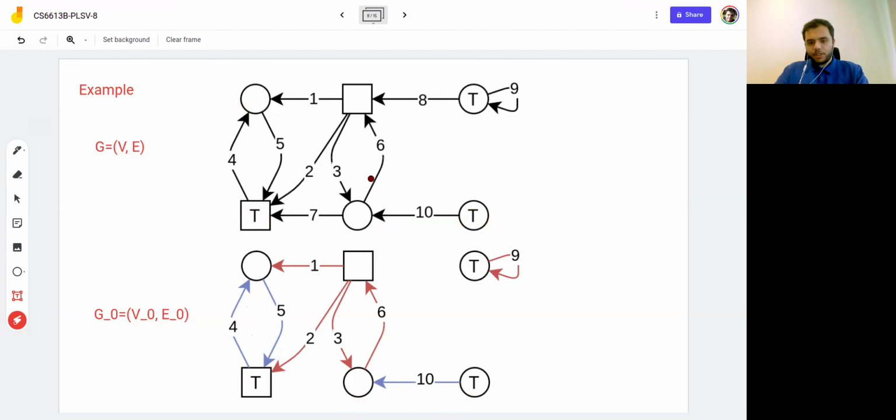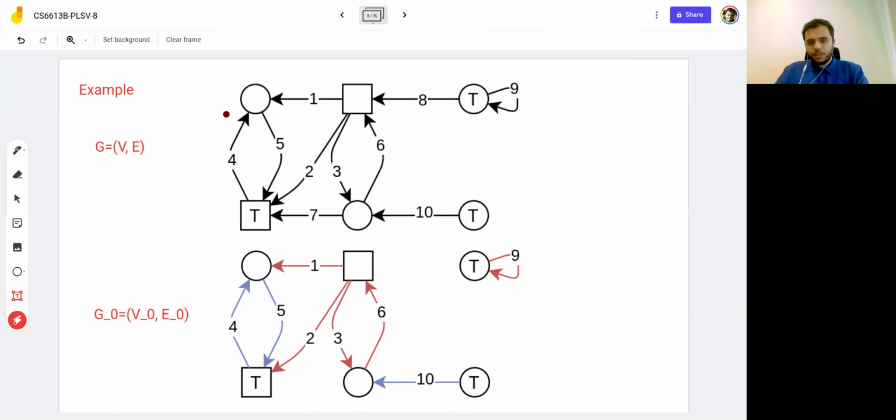Now, for the other vertices, so for this one, for example, it has a larger out degree, but, well, what is the smallest edge in terms of the number that is coming into this vertex? So the edges that are coming into this vertex are 8 and 6, and the smallest one is 6, so I keep 6, I don't keep 8.